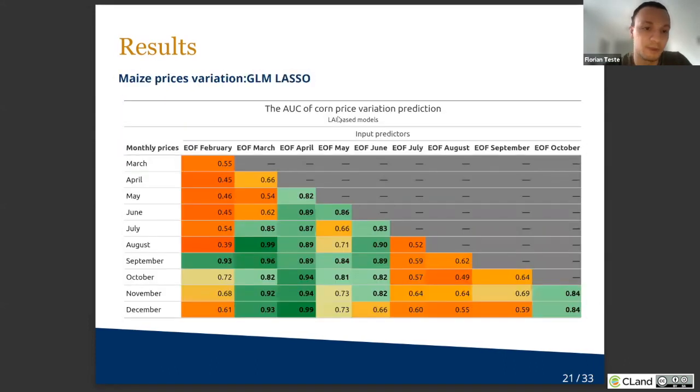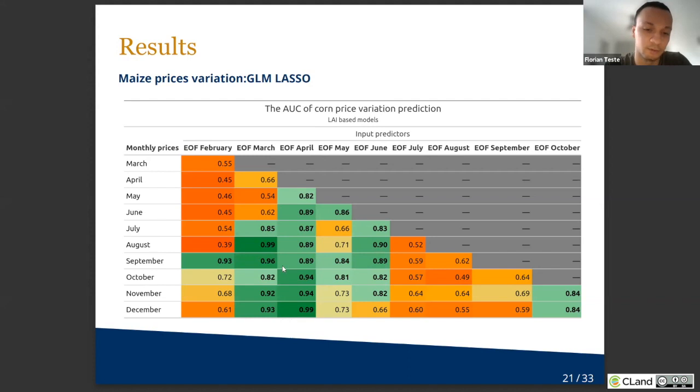Now, if we compare to the results of our model, the table is similar. We still have the monthly prices in rows. In columns, we have the input predictors. So, for example, we have the EOF April. This is the output of the empirical orthogonal function computed from the April LAI. And we see that the scores are much better, much higher.